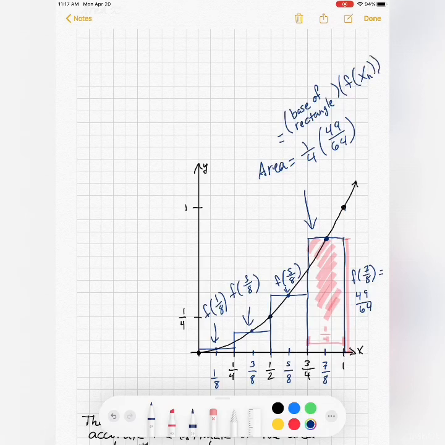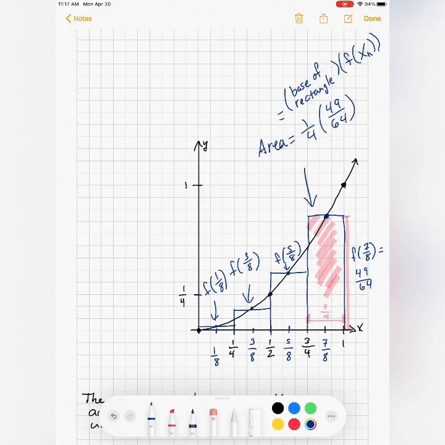So that's like thinking of this as x sub 1, x sub 2, x sub 3, x sub 4, okay? But anyway, we're just saying the area of that rectangle is the base times the height, okay?